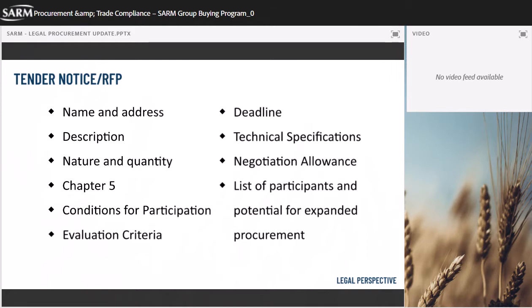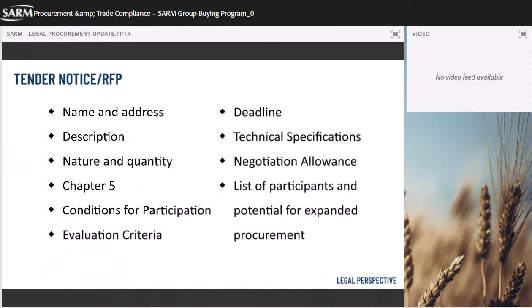Now, when we're looking at the tender notice or RFP, as we often refer to it, these are the requirements that we're required to include. So, of course, the name and address of the procuring entity, description of the procurement, the nature and quantity of the goods and services to be procured, any sort of conditions for participation.